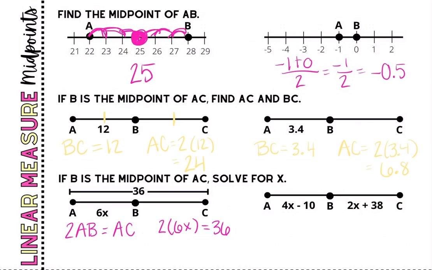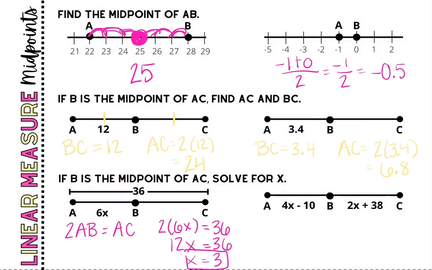If you just put 6x equals 36, you've got it wrong. So that's 12x equals 36, so x equals 3. Sometimes they may ask you to find AB, and you would just plug it in: 6 times 3 is 18.